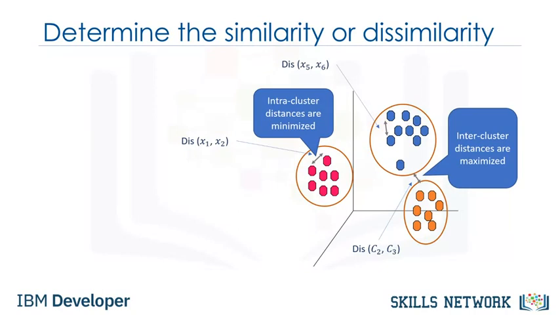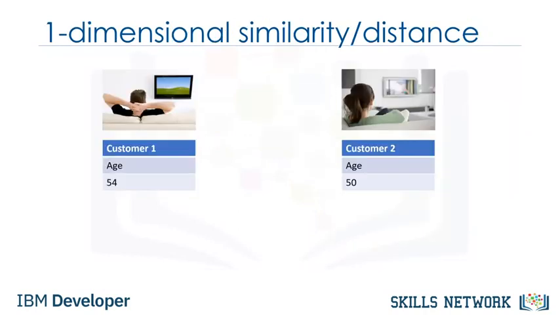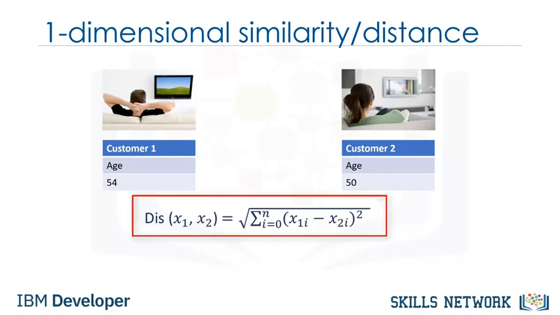Now, the question is, how can we calculate the dissimilarity or distance of two cases, such as two customers? Assume that we have two customers. We'll call them customer 1 and 2. Let's also assume that we have only one feature for each of these two customers, and that feature is age. We can easily use a specific type of Minkowski distance to calculate the distance of these two customers.